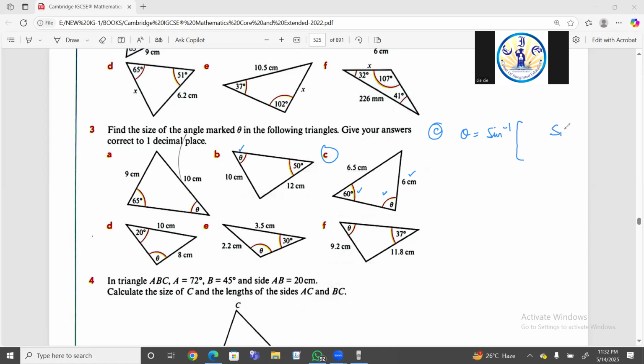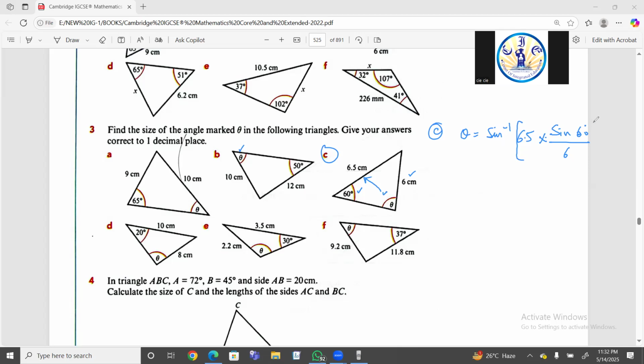So sine of 60 degrees divided by 6 centimeters. Let me not write down the centimeters, and then I need to multiply it with 6.5, as we did in part A.